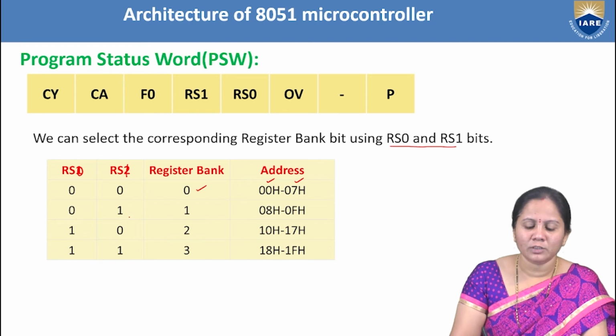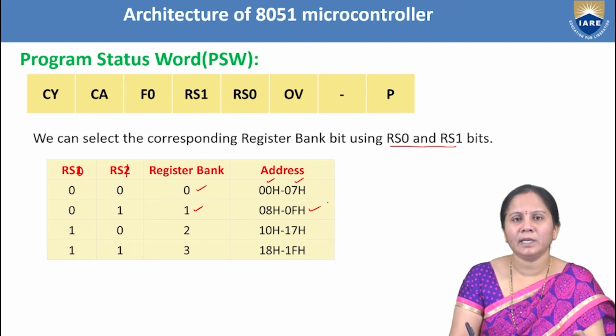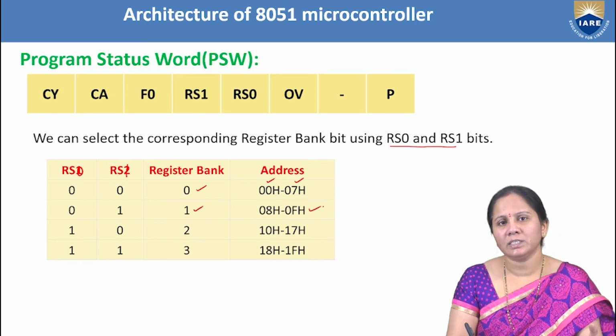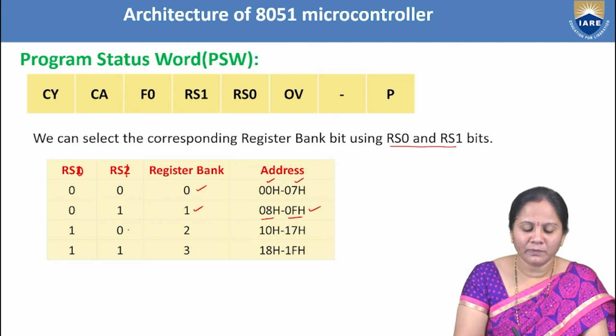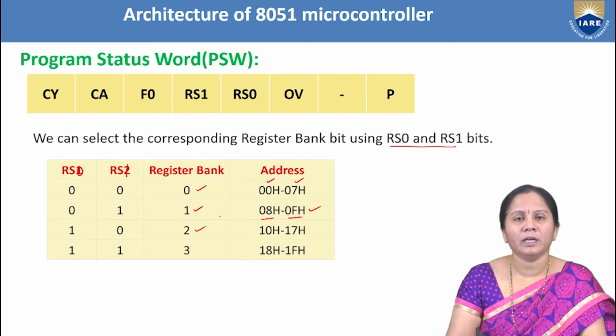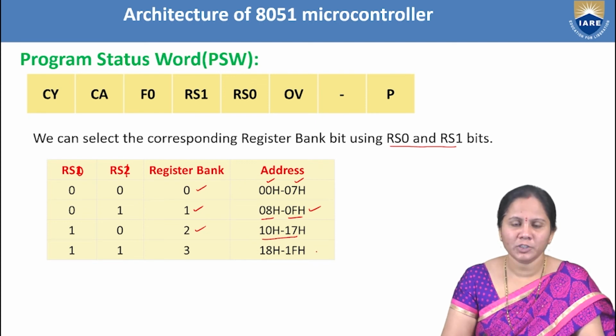And if this is 01, register bank 1 will be selected, and it has the address range for the 8 registers R0 to R7 as 08 to 0F. If it is 10, register bank 2 will be selected. It has the addresses from 10 to 17H.